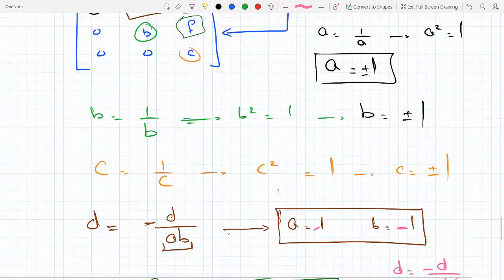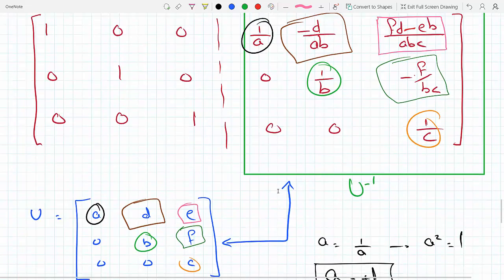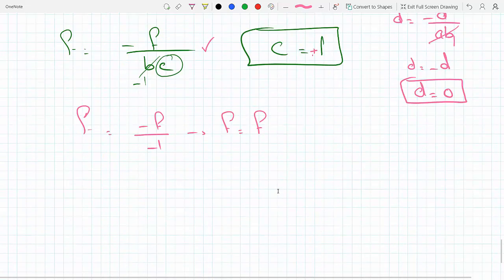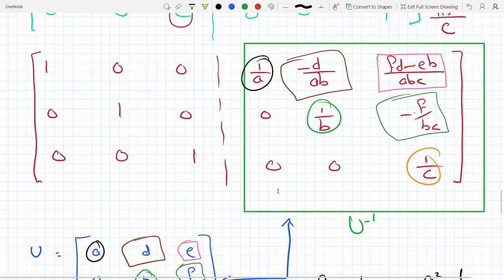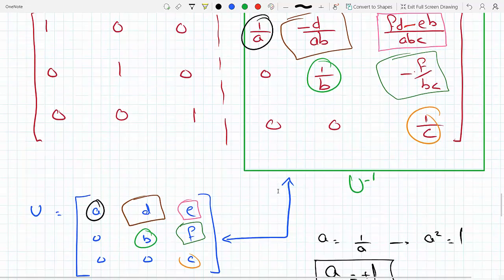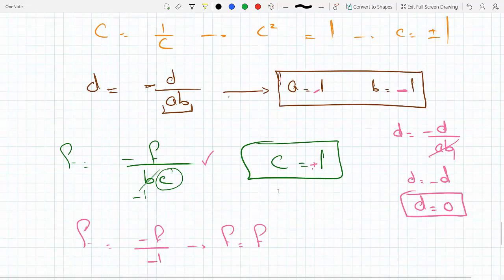Okay, now let's go to the third equation, which says E equal FD minus EB over ABC, which is the one that didn't work out, the one that triggered me to switch the signs.